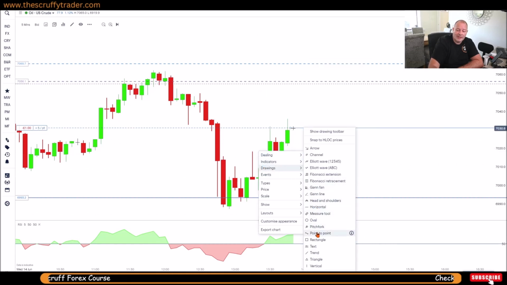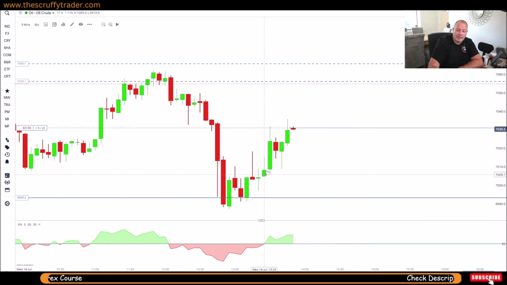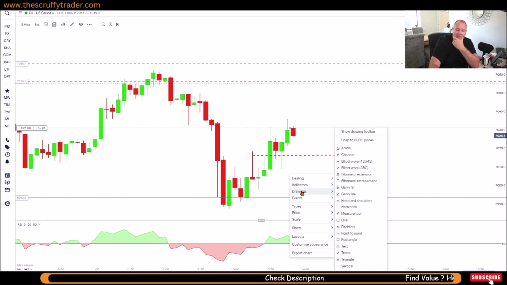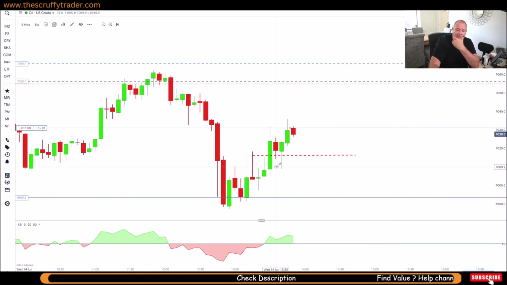Okay, so the best entry point was this candle here because it closed across. So that would be an entry there. Again, if I put a measuring tool on, that would have made 100 quid if I'd got in at the right time, but I haven't.